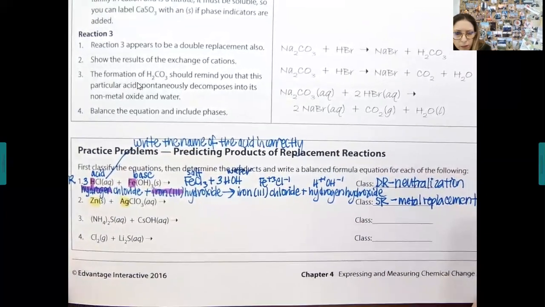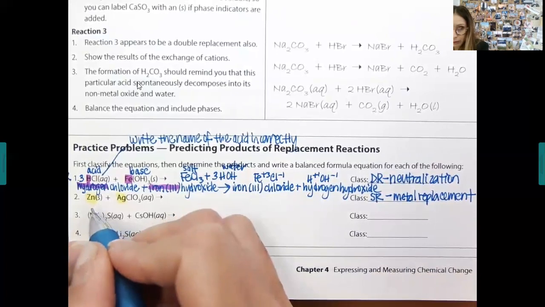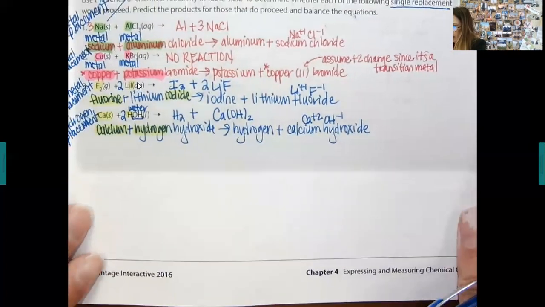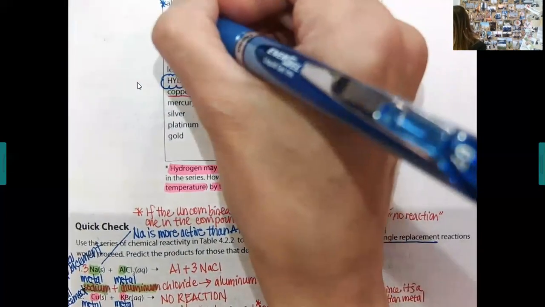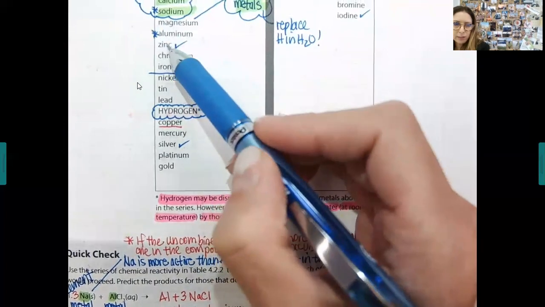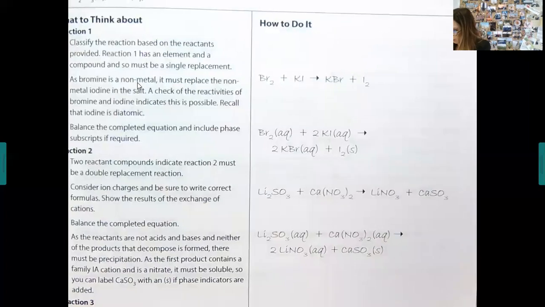We need to check on the activity series to see if zinc, which is the uncombined metal, is more active than silver, which is in the compound. So if you turn back, zinc is here, silver is down here. That means that zinc is more active than silver, and zinc will replace the silver in the compound.